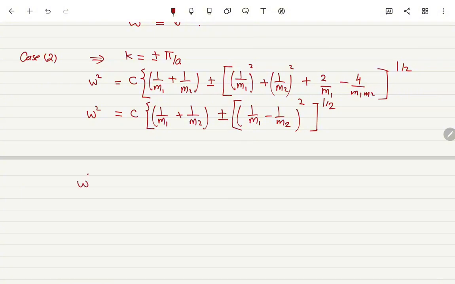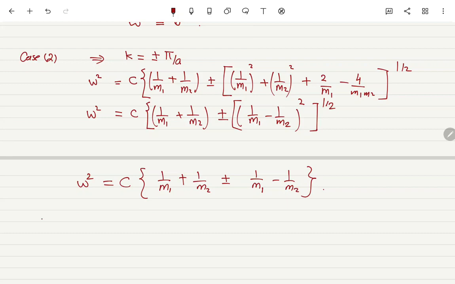Omega square equal to c(1 over m1 plus 1 over m2 plus or minus (1 over m1 minus 1 over m2)).